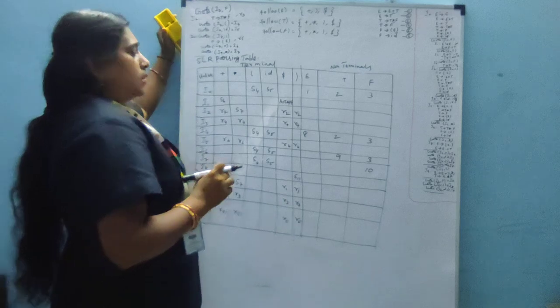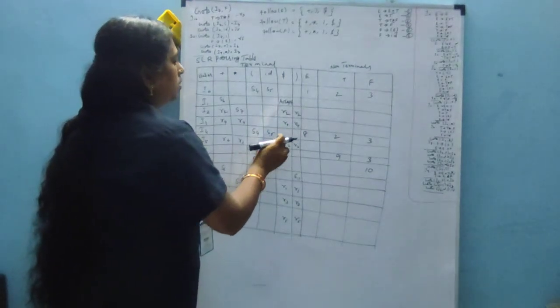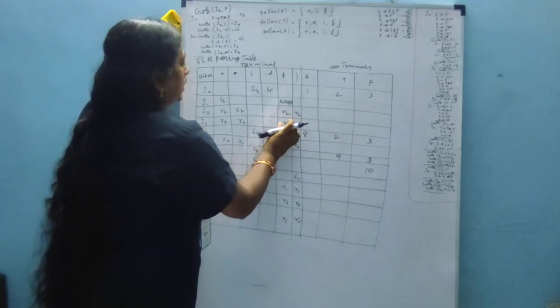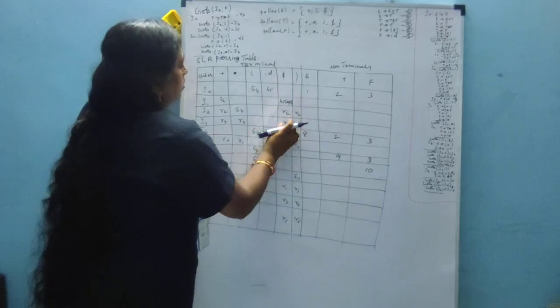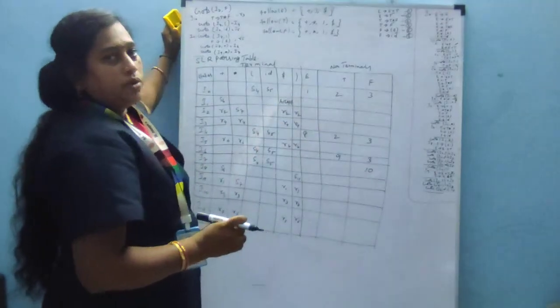In this table, if for a production more than one state occurs for a single input symbol, that is not an SLR parsing table.